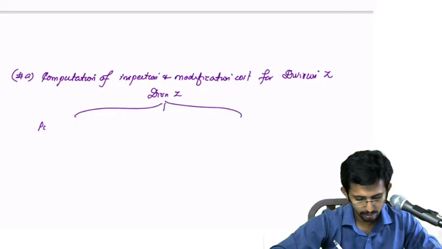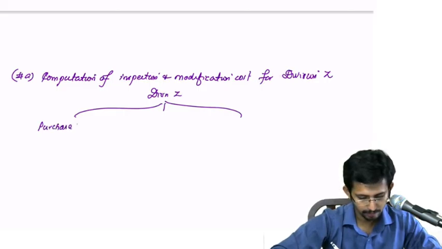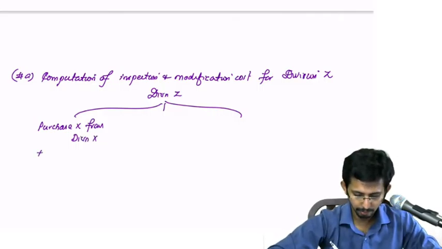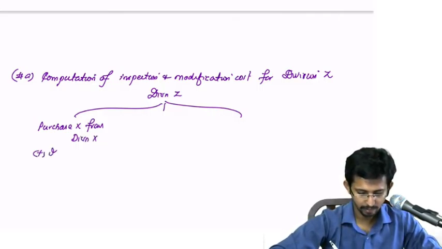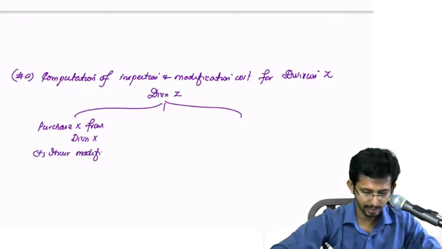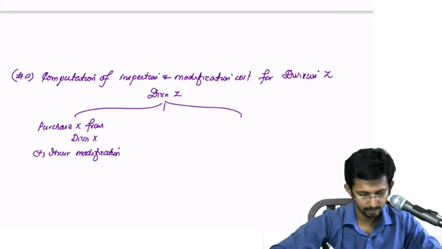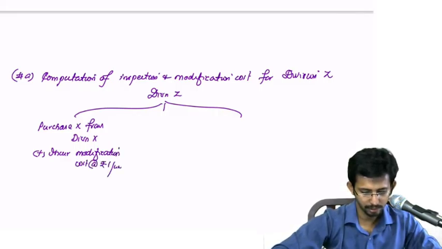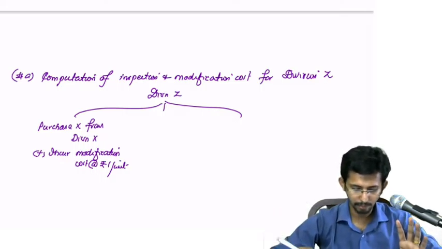Option 1, purchase X from division X plus incur modification cost at rupees 1 per unit. Am I right? This is at rupees 1 per unit.